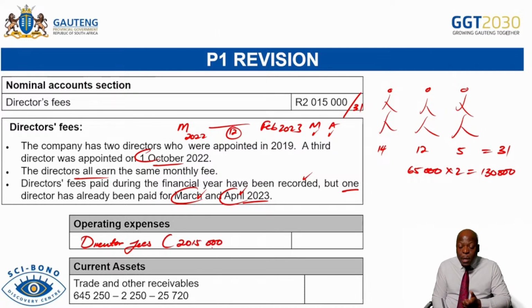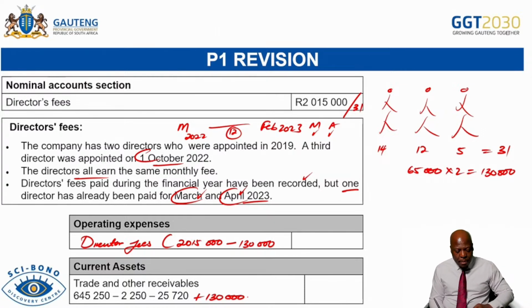But I have a prepaid expense because I paid directors for 2 extra months. And all my prepaid expenses must be subtracted, minus 130,000 over here. And then I'll come here. Once we have a prepaid expense, it goes to trade and other receivables. So I'll say plus 130,000 because that is a prepaid expense.